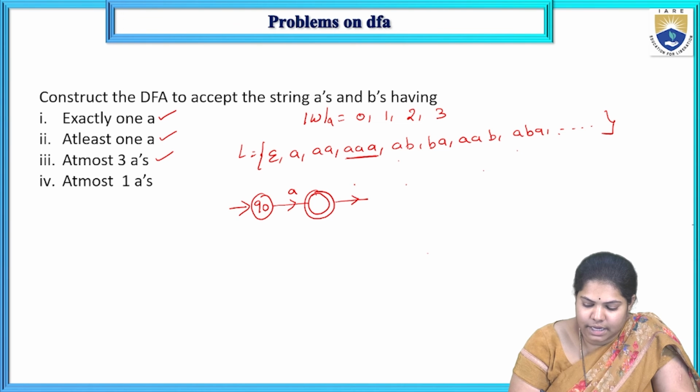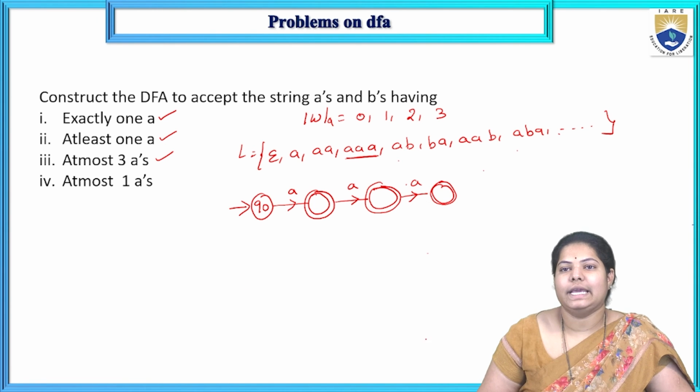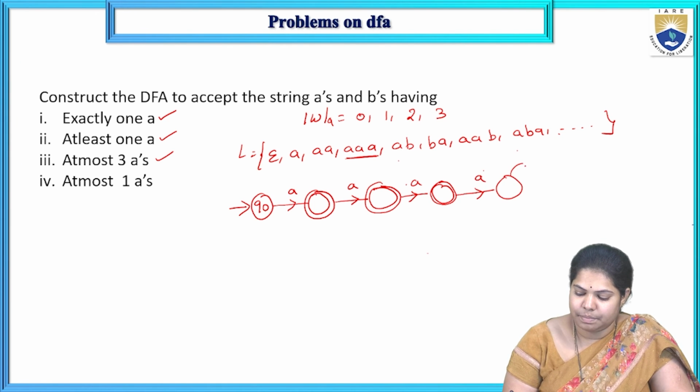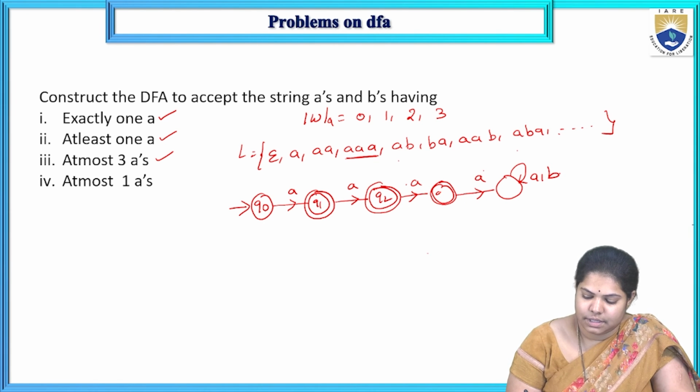On seeing the second A, I reach the final state. On seeing the third A, I reach the final state. So beyond this, I should not get any more A's. That means if I get any A beyond this, I simply send it to the dead state.